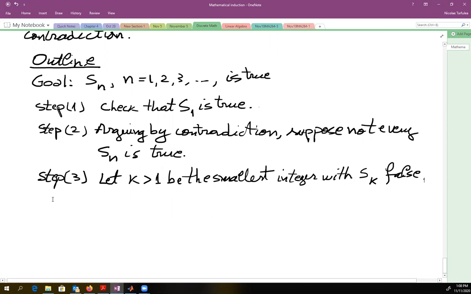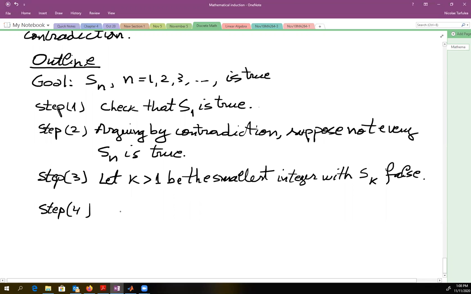Step 4 and last consists of the following thing. We know that k is the smallest integer with Sk false.